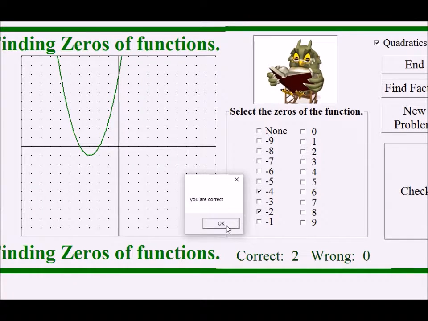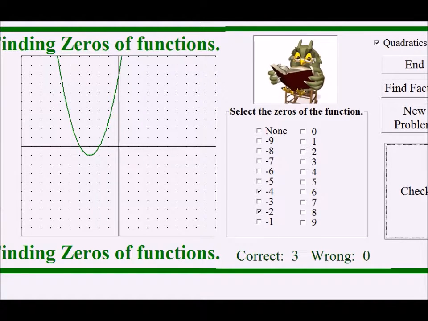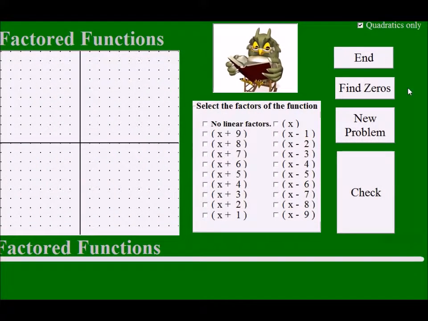Check. While I was writing this, I thought, we can pick zeros out from the graph, but I bet you anything they'll confuse that with the factored form. So I better use the exact same engine, but change the questions a little bit. It says, find the factors.